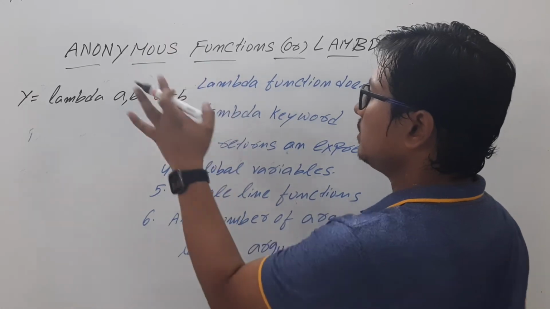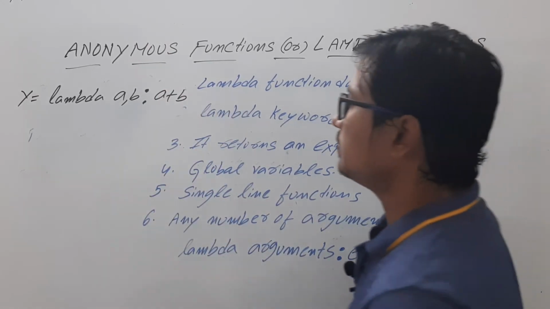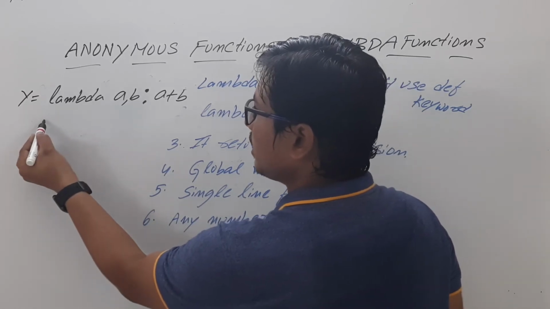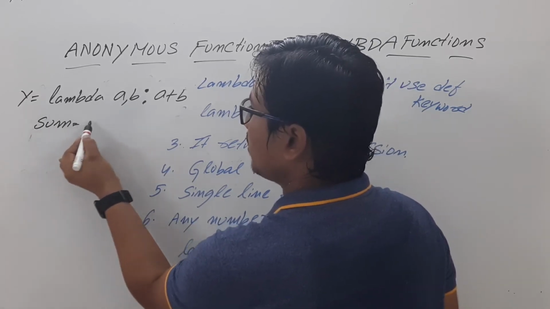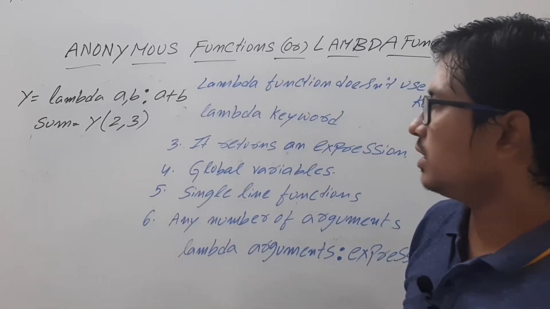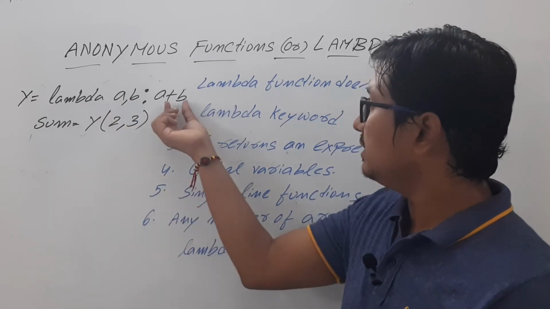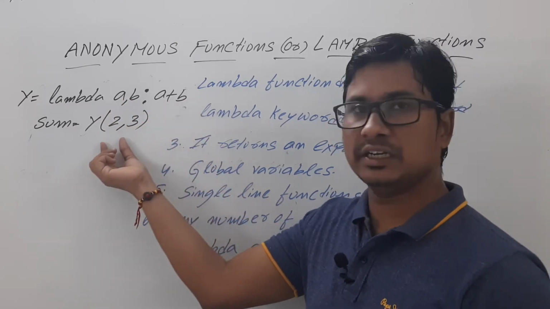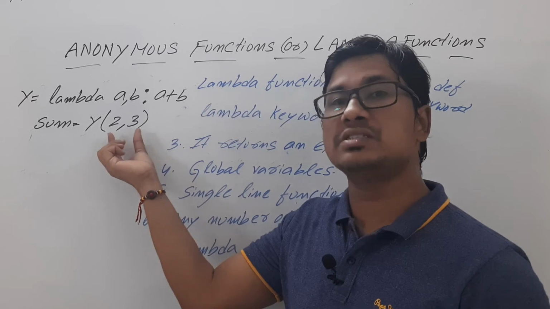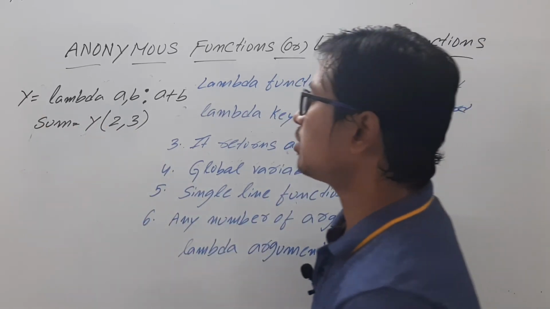Then I am calling the lambda function with the two values 2 comma 3. So this 2 comma 3 will be passed as arguments, then it will return the expression a plus b, which is nothing but 2 plus 3, which is 5. That 5 value will be stored in the variable called sum.